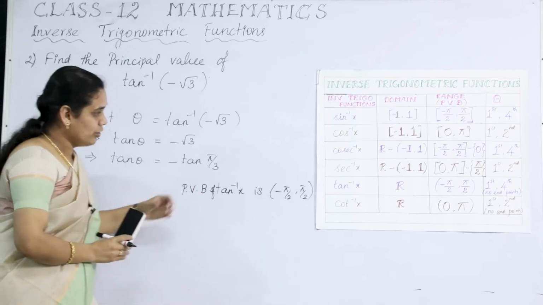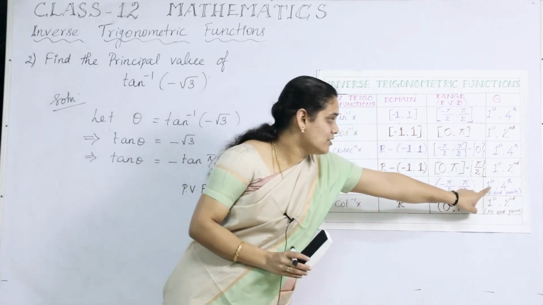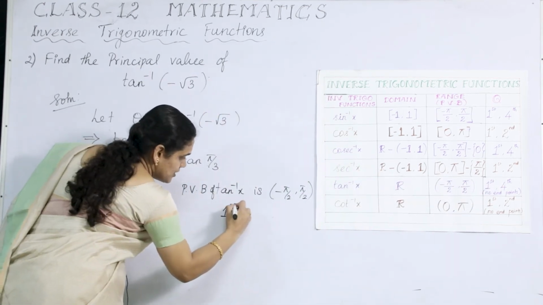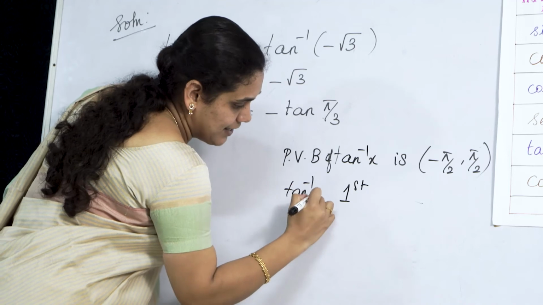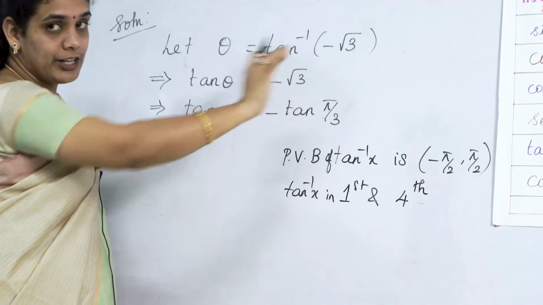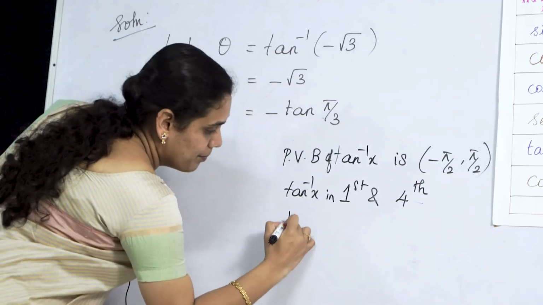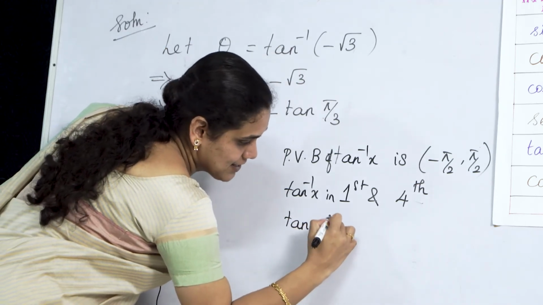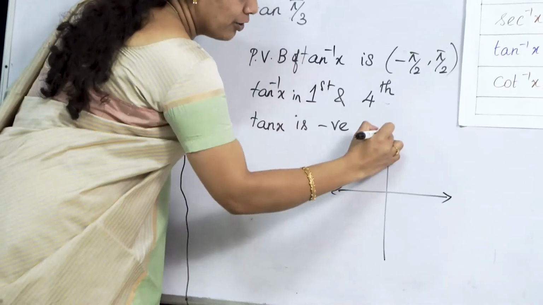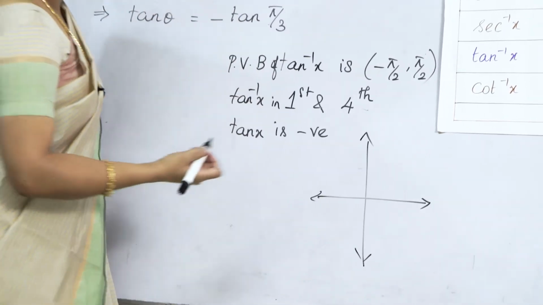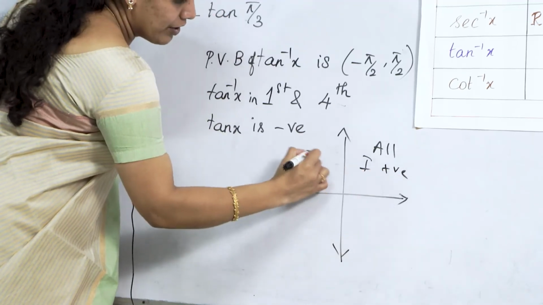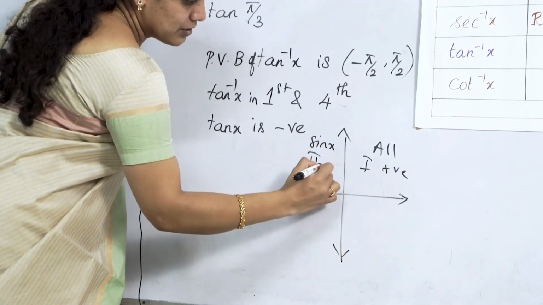Okay. And also you have to check at the same time that tan inverse of x lies in the first and the fourth quadrant, excluding the extreme points. Right. And tan x takes negative values in, as you all have studied in class 10, the first quadrant all will take positive, and in the second quadrant sine will take positive.